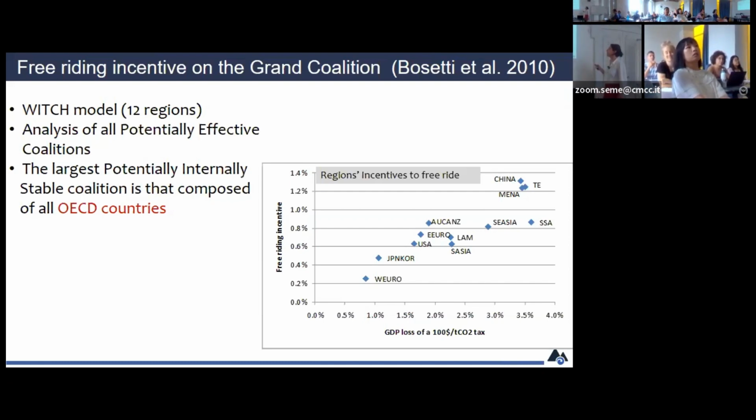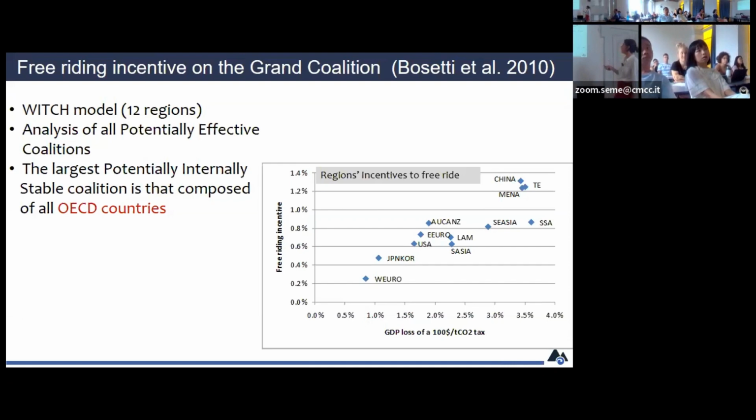We look at all the potentially effective coalitions, and we find that the largest potentially internally stable coalition, meaning you have enough welfare in the coalition to compensate the payoff of each country deviating, is composed of all OECD countries. And you didn't do much with that. OECD countries together don't give you any kind of stabilization.